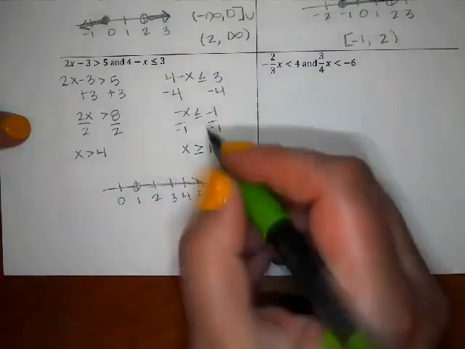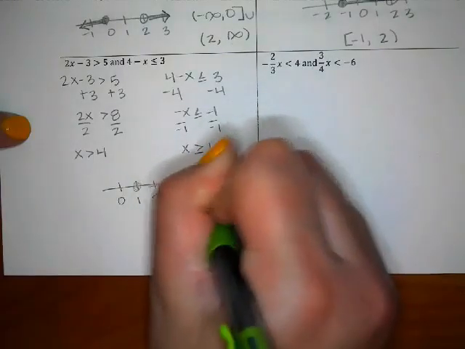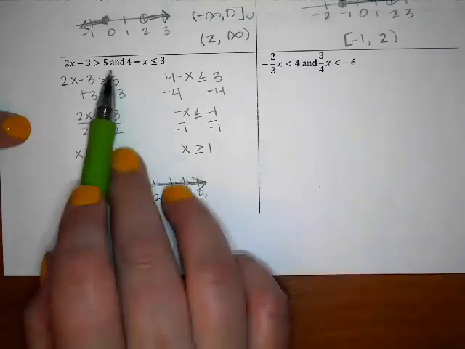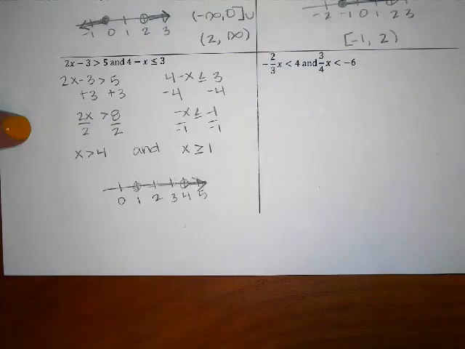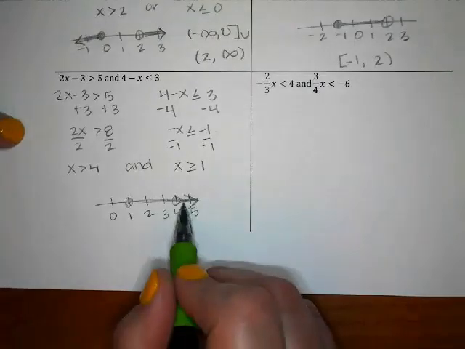If we look at the numbers that are greater than 4, that's all of these. So if we want to have things that are true at the same time, because the word in between these is and, they both have to be true at the same time. It can't be like this, one or the other. They have to be true at the same time. So we're going to look at the overlap.